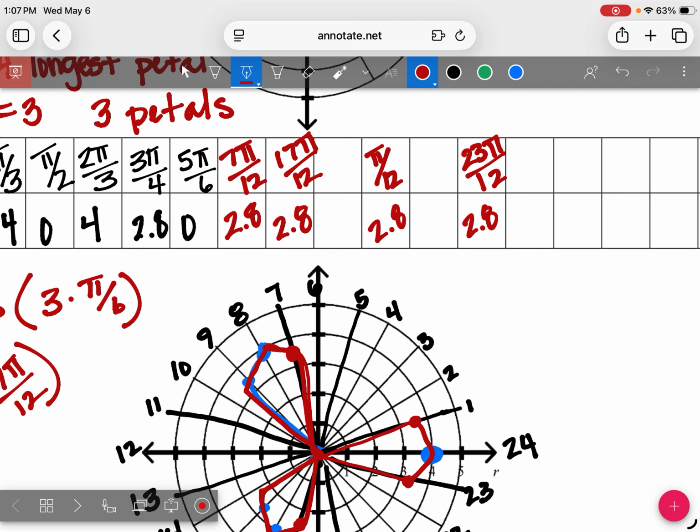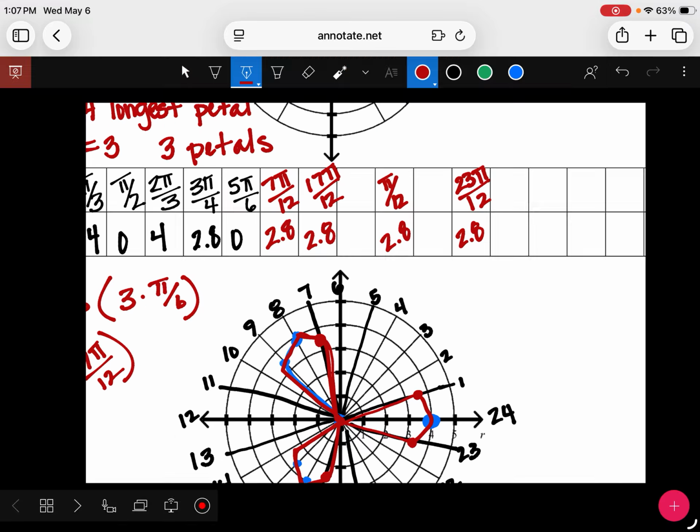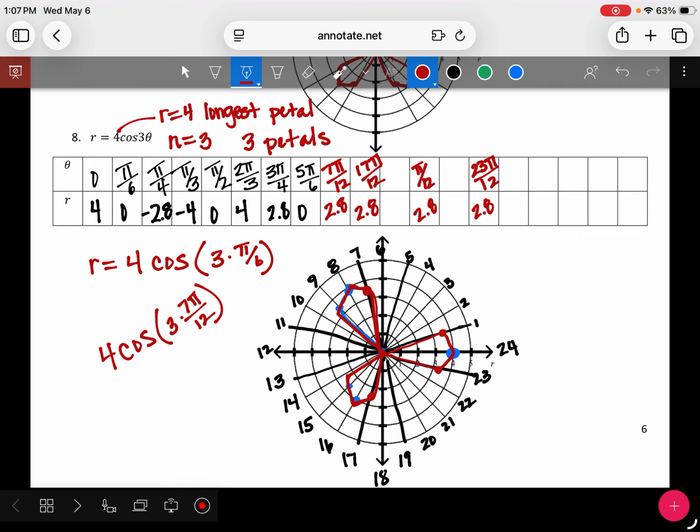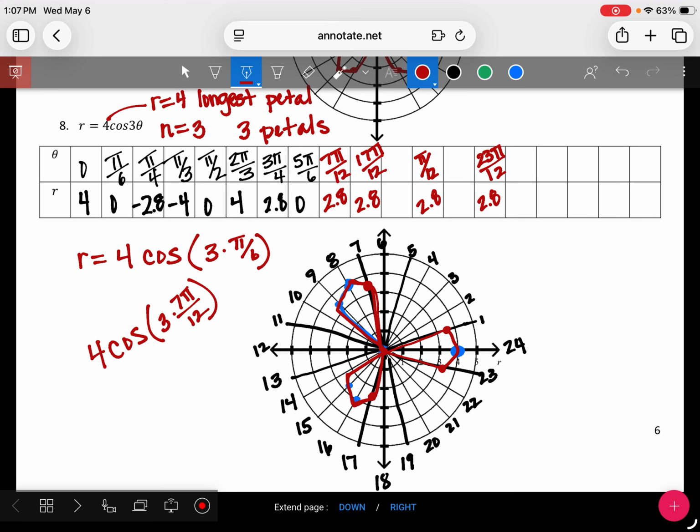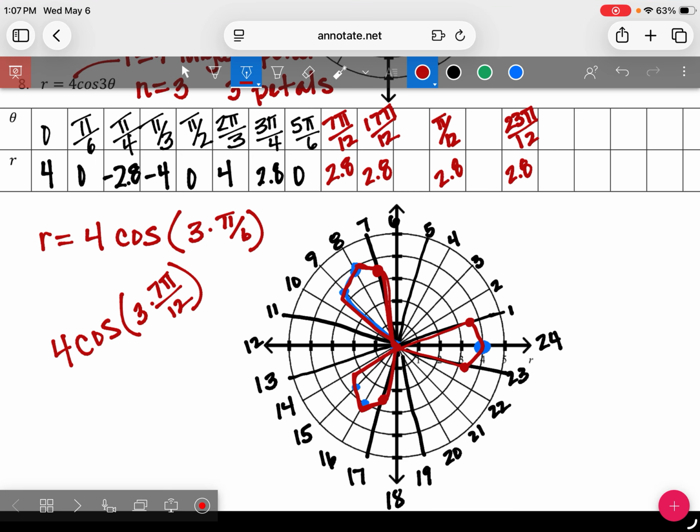And now we have the complete graph. So you have to add angles as needed. Every pin needs to have a point on the table.